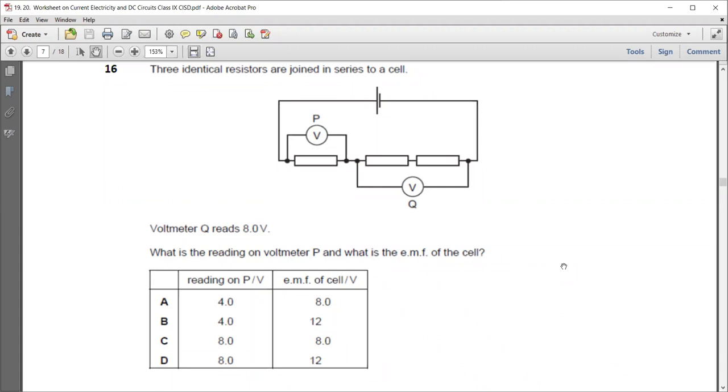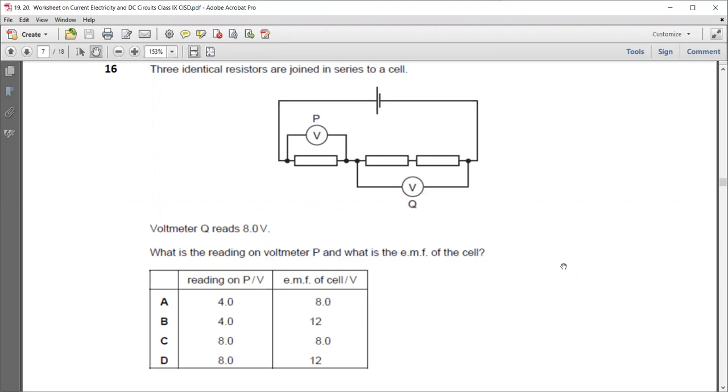Sir, because voltmeter Q is connected across two resistors, that's the reason it gets 8 volt. So 8 divided by 2, for one resistor's value, we will get 4. And by adding up all of them, we get 12 volt, because in series, the volts are divided equally across the resistors.